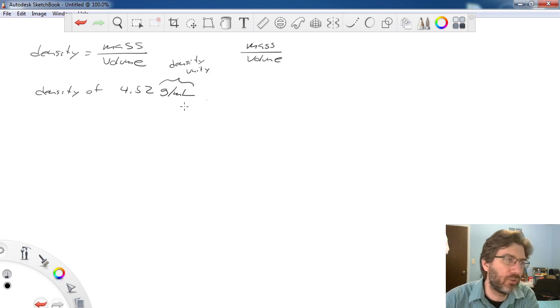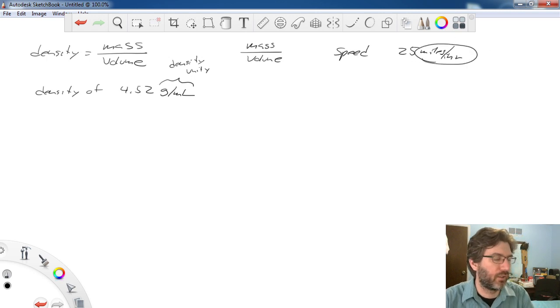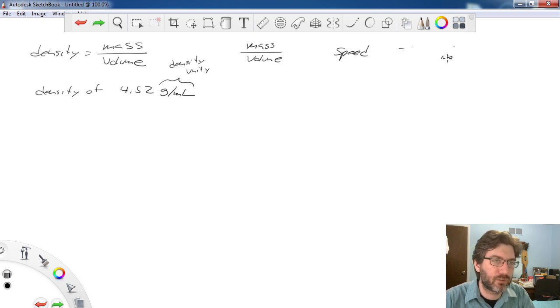It's a compound unit. There's more things. You're probably more familiar with maybe speed as a compound unit. Your speed could be like 25 miles per hour. You'll note that your units have a numerator and denominator to them. But we're in the metric system, so we're going to use density right now.